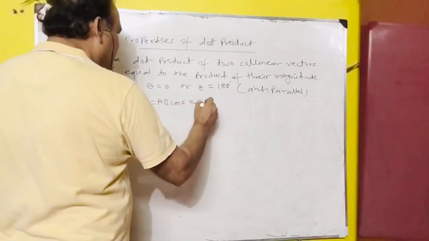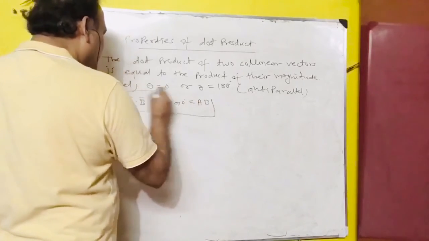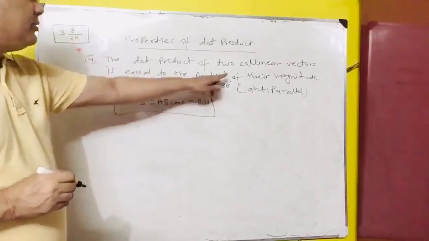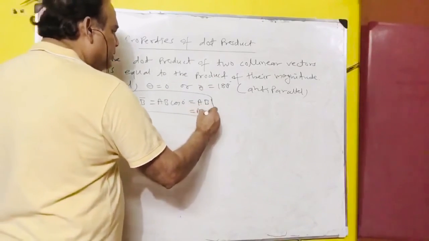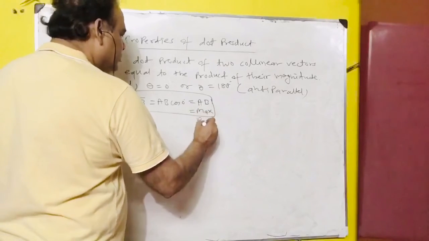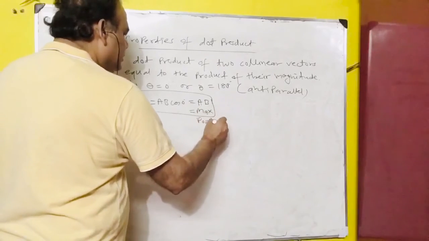It means we will get AB. आया देखो, प्रोडक्ट ऑफ देयर मैग्नीट्यूड, और ये मैक्सिमम पॉजिटिव आया. क्या आया? मैक्सिमम पॉजिटिव मैग्नीट्यूड.